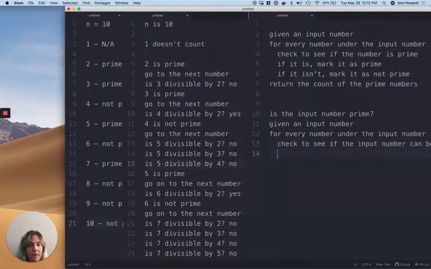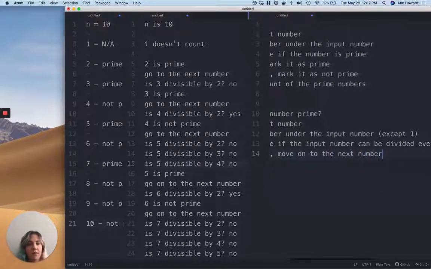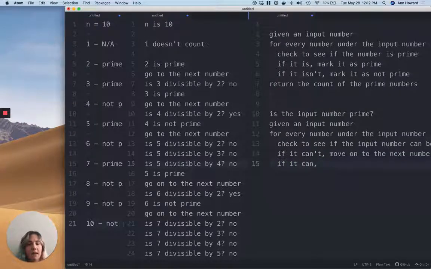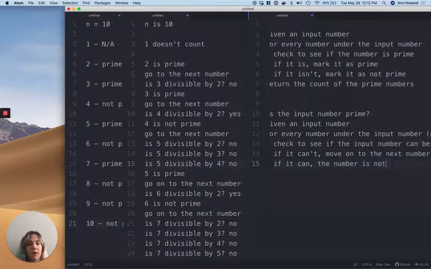Okay, if it can't, move to the next number. If it can, the number is not prime.